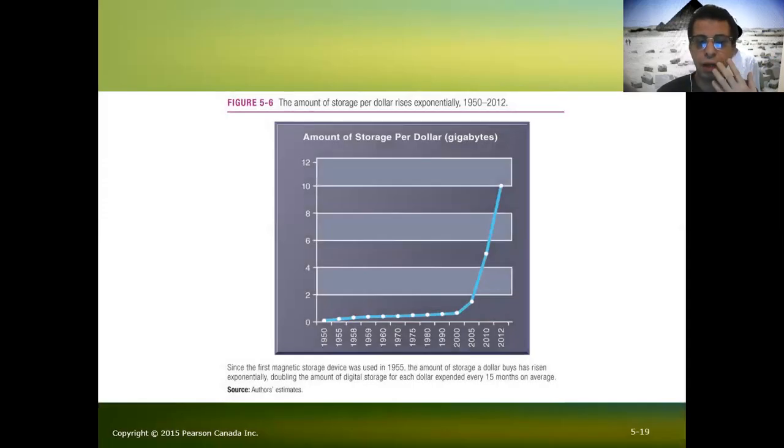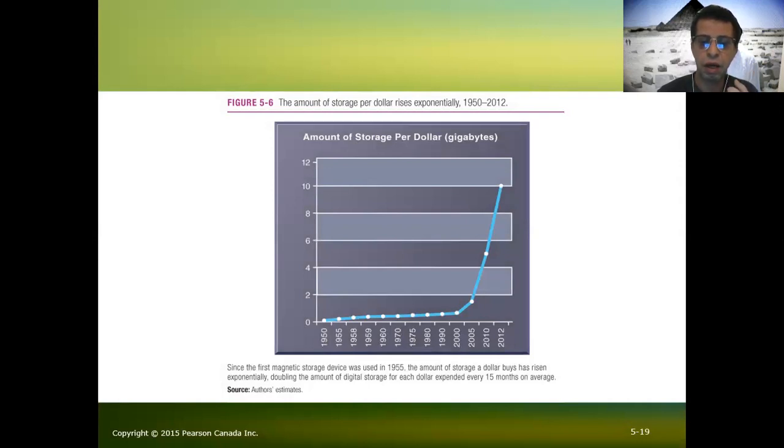On the other hand, the amount of storage per dollar is rising. If you had $1 in 1950, it probably got you about one gigabyte to store.